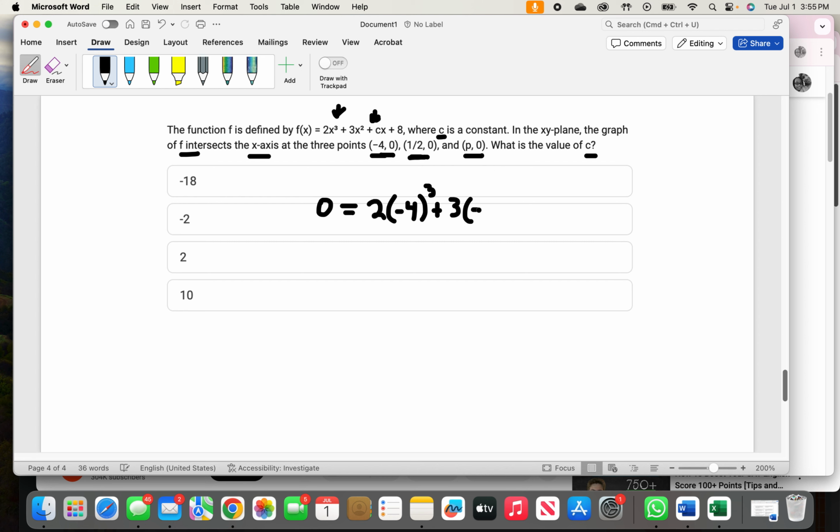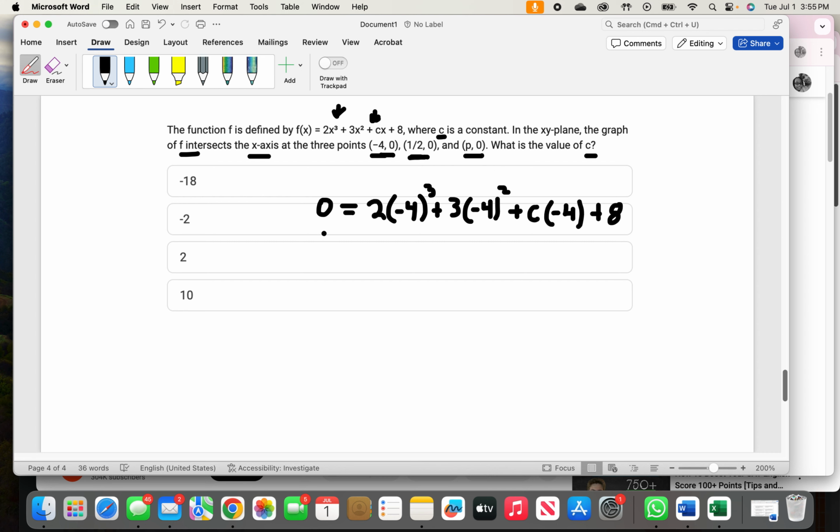Remember, x is -4, to the second power, and then plus c. I don't know c, so c stays, but I know x because it's c times x. x is -4. And then at the end, it says plus 8. Okay, so good. You only have one variable, so that means you can solve this equation.